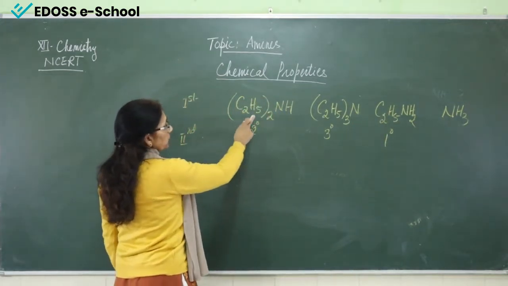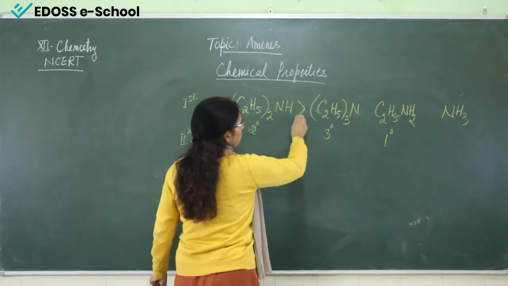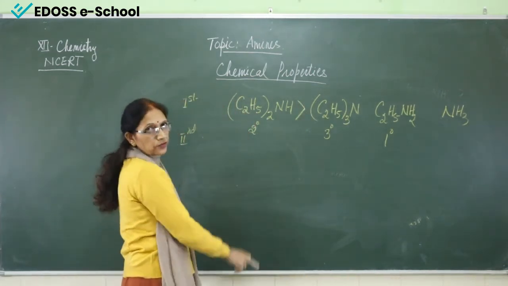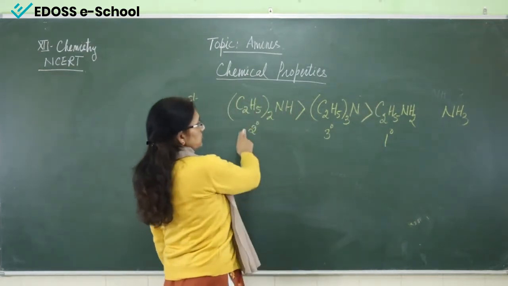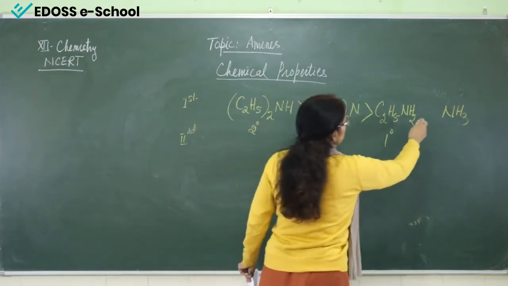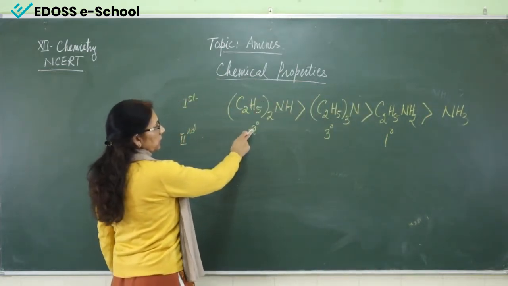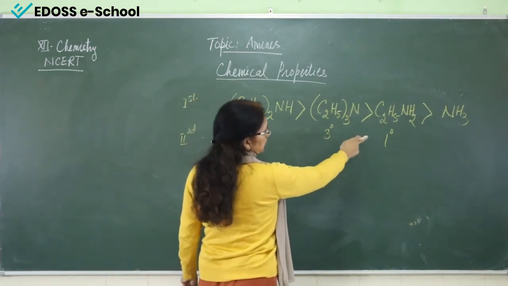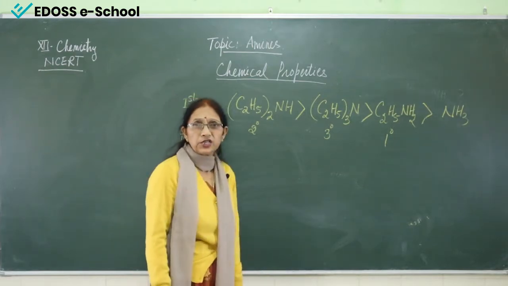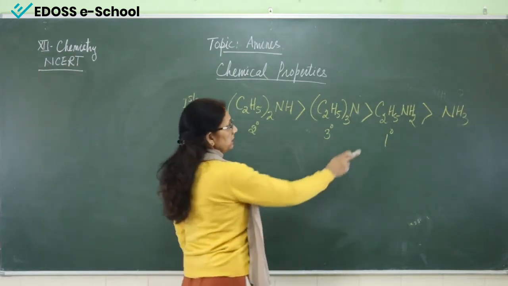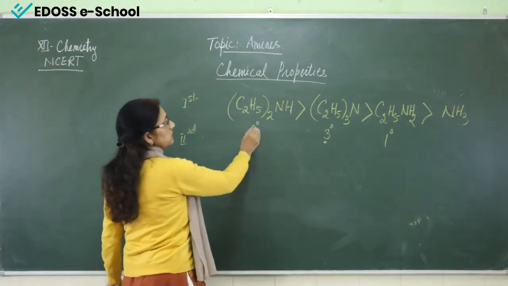So, if 2 ethyl groups are present, the basicity will be highest. Tertiary will have less than secondary, and this is the sequence we can say. 2 degree, then 3 degree, then 1 degree, and then ammonia. Means the ammonia will have the least basic strength, then primary amine, then tertiary amine, and then secondary amine.